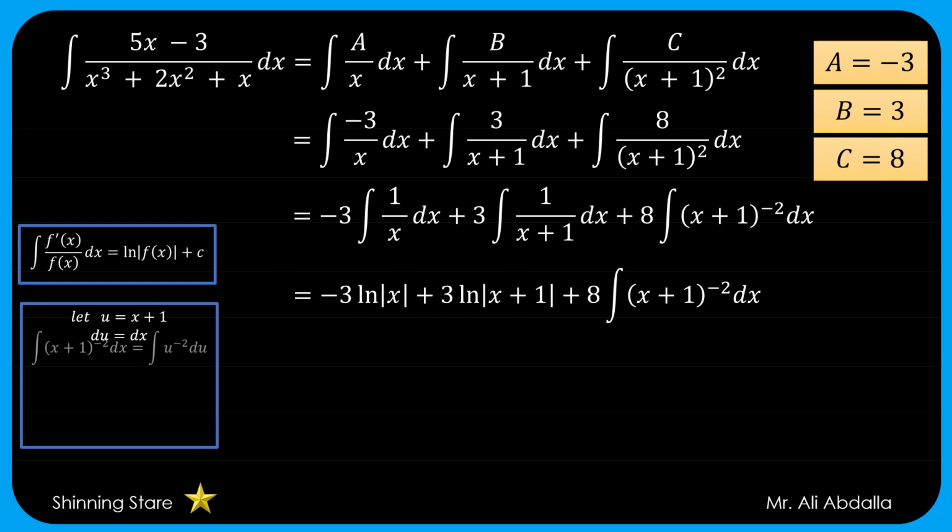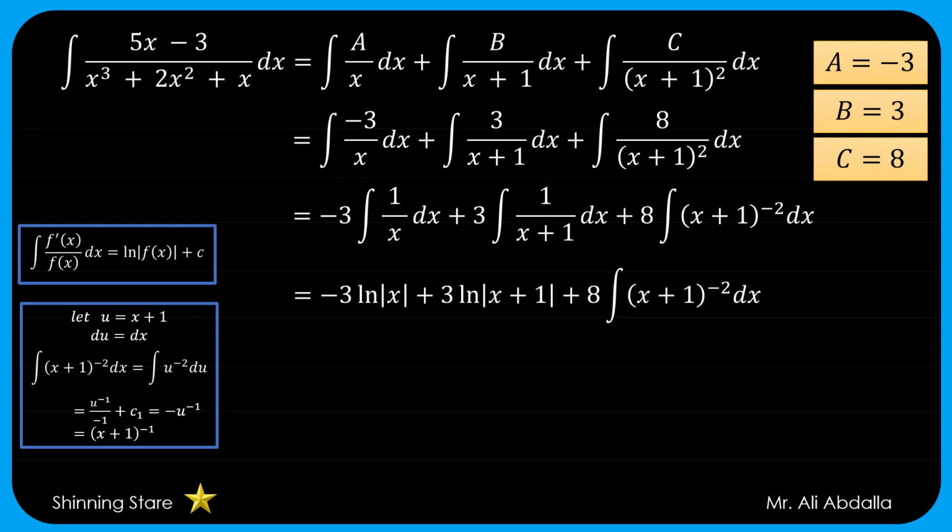Make the substitution. Then we get the integral of x plus 1 all to the power negative 2 with respect to x equals the integral of u to the power negative 2 du. The integral of u to the power negative 2 equals u to the power negative 1 over negative 1 plus C1. Then we have negative u to the power 1. Then substitute back u equals x plus 1, we get x plus 1 to the power negative 1.